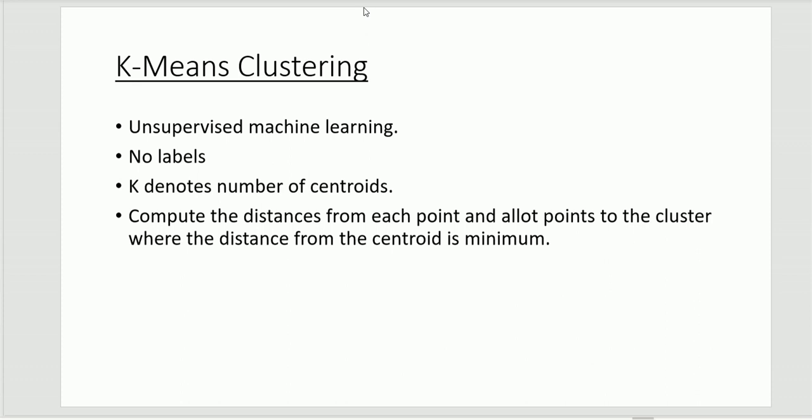As I said, the second point is that there are no labels, and the third point indicates K. If you have data, first you have to come up with a K value. How do we identify K? There are a number of methods to identify the K value. Mostly, we pick a random number. If we know the number of groups in the data items, then we can use that number as the K value.